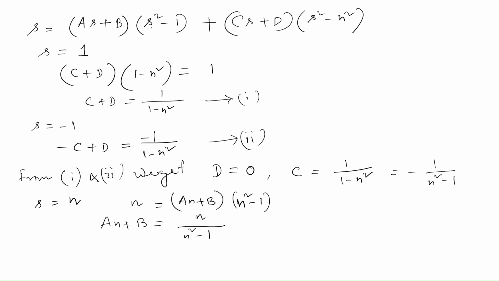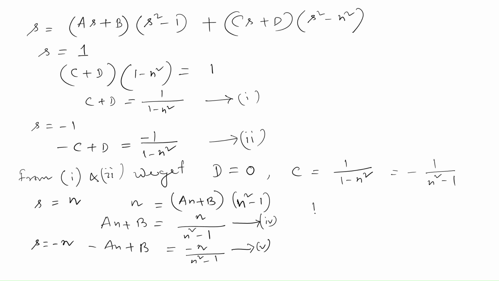Now if we take s as minus n, then we'll have the same here, just this will be minus an plus b minus an plus b equal minus n by n square minus 1. Now say this line is 4 and this equation is 5.